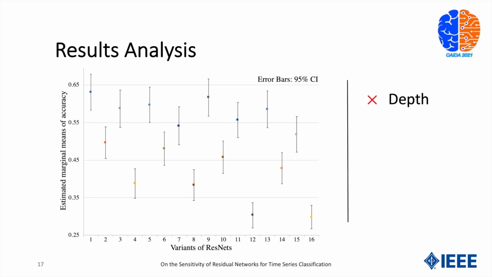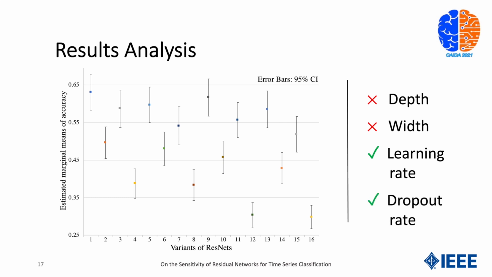The width of the model also does not impact the classification results. On the other side, larger values of learning rate facilitate a higher performance, while variants of zero dropout rate outperform other variants of higher dropout rates. So higher rates of learning, lower rates of dropout, and simpler networks are much better than more complicated ones, especially those that are much deeper.